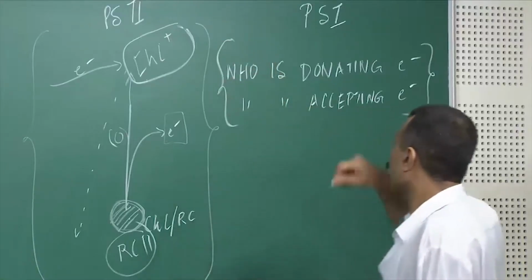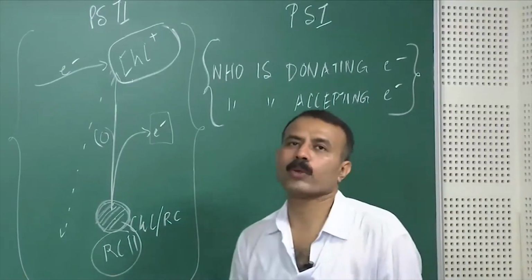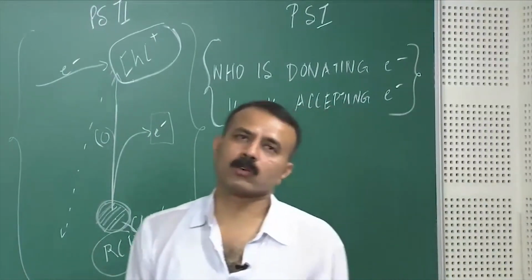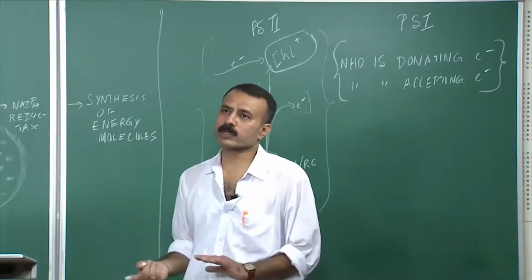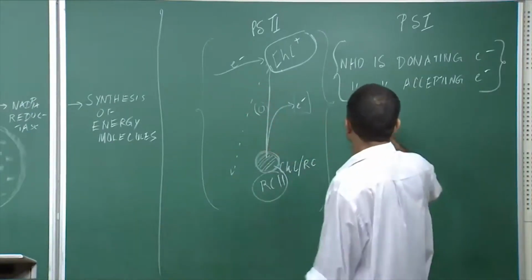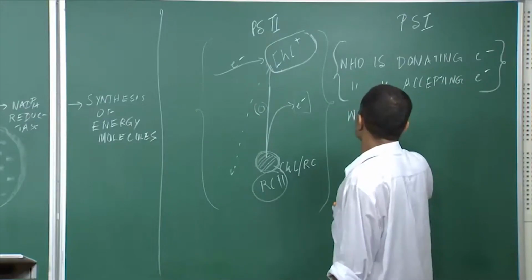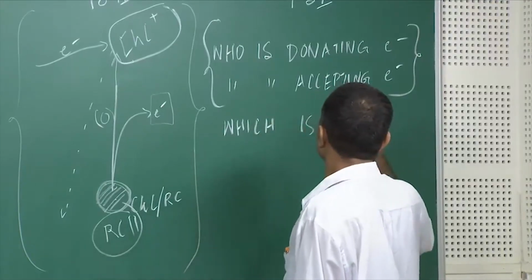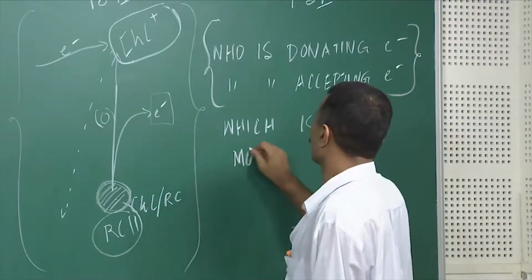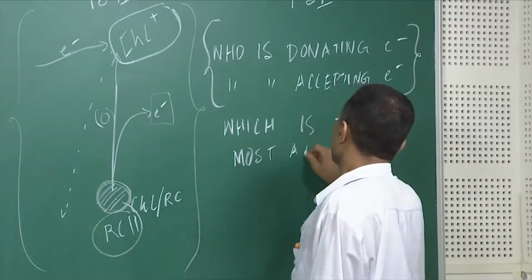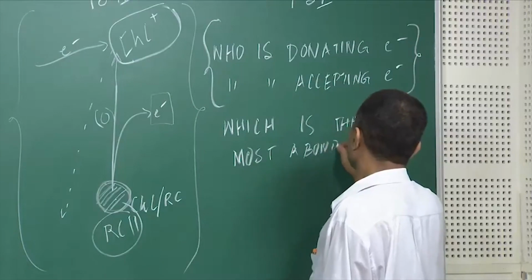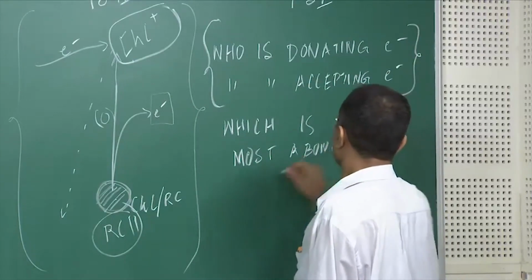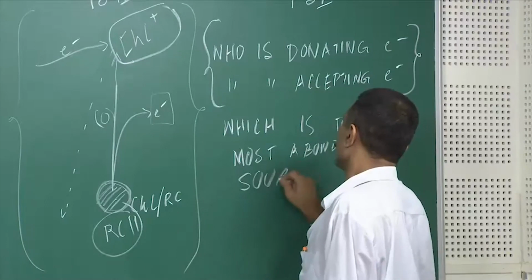As a matter of fact, our whole story about evolution is about who is donating electron and who is accepting electron, and the third question here is, which is the most abundant source of electron.